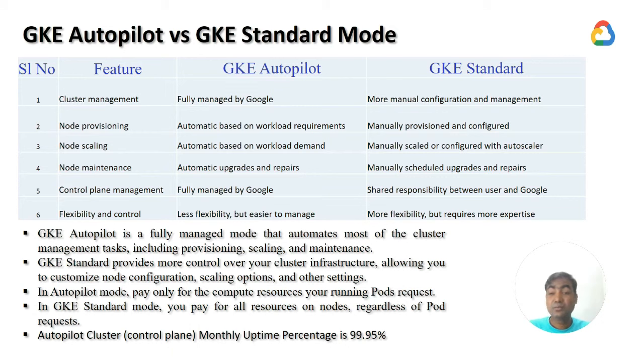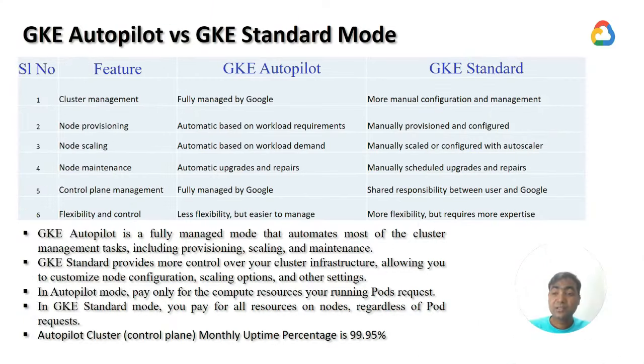Teams that have workloads with predictable resource requirements. Then guys, this is the best choice for you, you can go for Autopilot mode because you don't have a lot of experience in cluster management, so Google can manage the infrastructure part and you can only deploy your application on the Autopilot cluster.